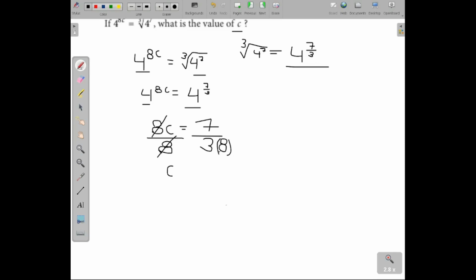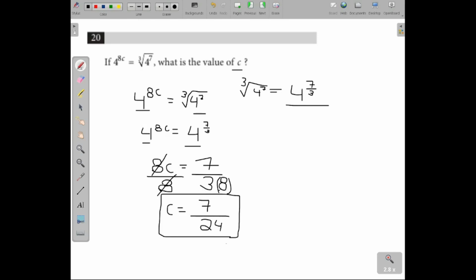Here we'll get c equal to 7 divided by 24. So the value of c is 7 divided by 24.